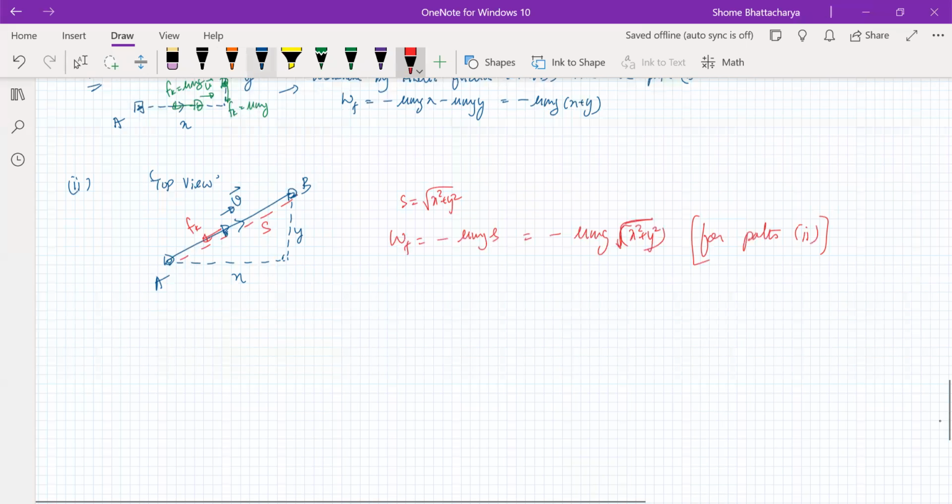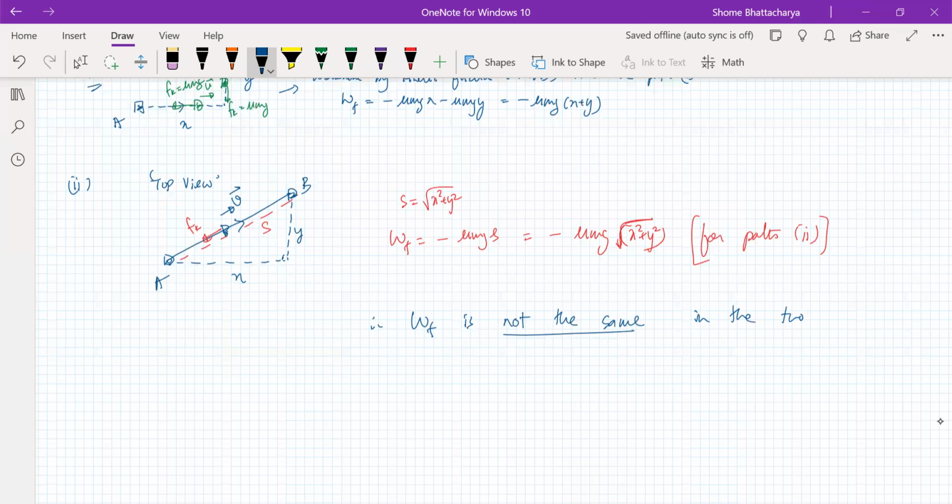So we can see in this conclusion that work done by friction is not the same in the two different paths between the same two points A and B. Therefore, we can say that work done by friction is path dependent.